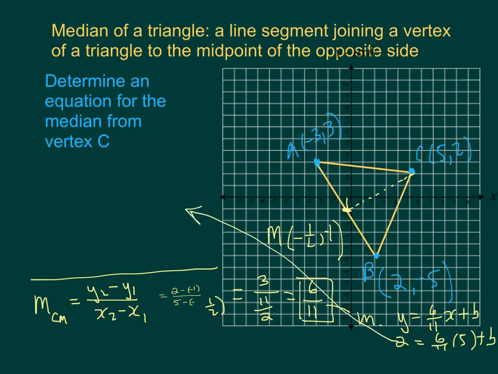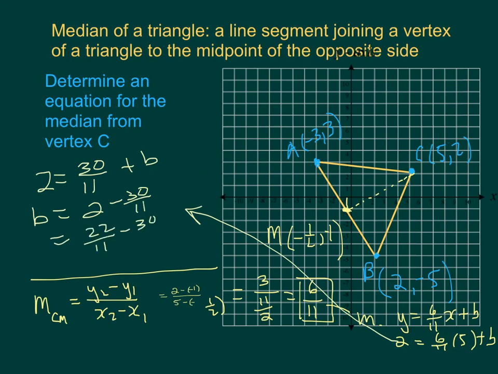So we get 2 is equal to 30 over 11 plus b. All right, and then we'll move everything over. So I'm going to get b is equal to 2 minus 30 over 11, which is going to be 22 over 11 minus 30 over 11, which in the end equals -8 over 11.